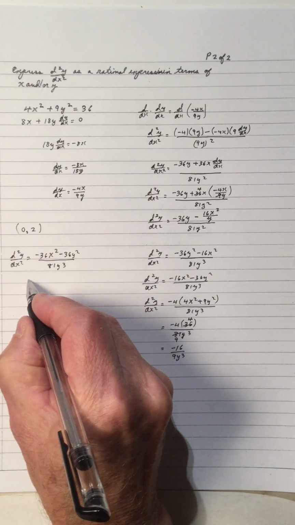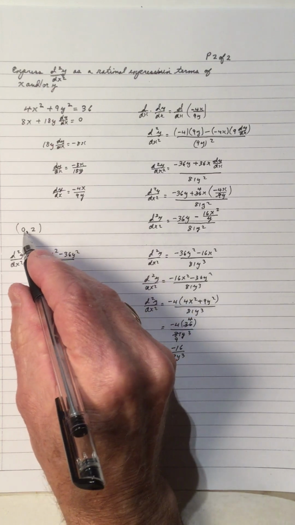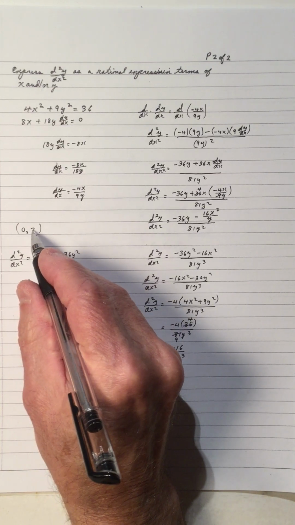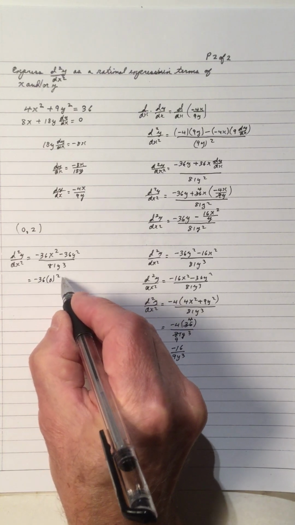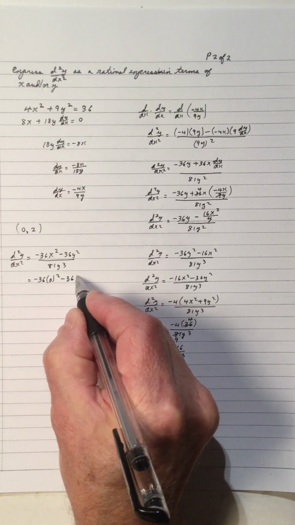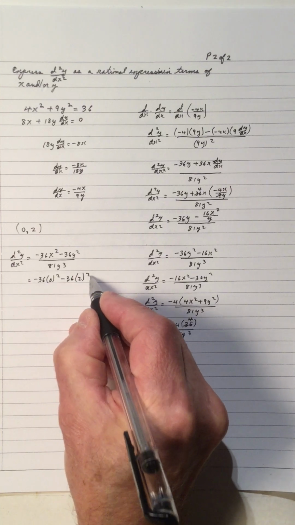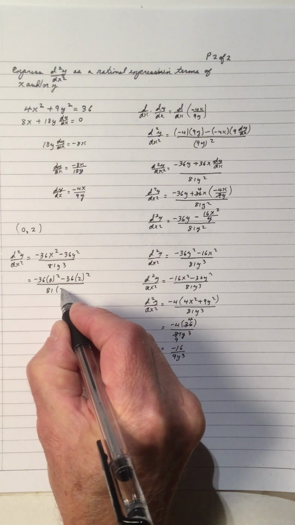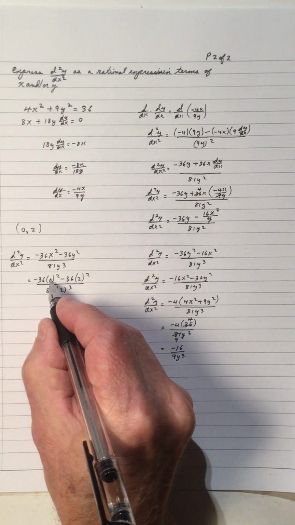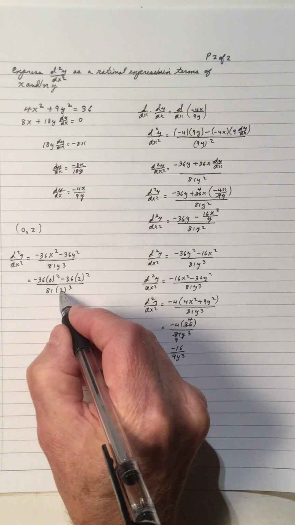If I take this expression and sub in 0 for x and 2 for y, 0 for x and 2 for y, and we simplify this expression.